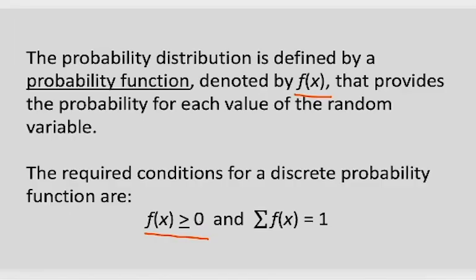The second one is that the summation of the probabilities of all the values of the random variable in a certain event should be equal to 1, or in percentage form, 100%. These are ways to check if the probability distribution of a random variable is correct or not, by simply testing if each probability is greater than or equal to 0 and that the sum is equal to 100%.